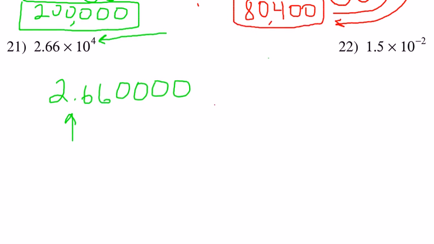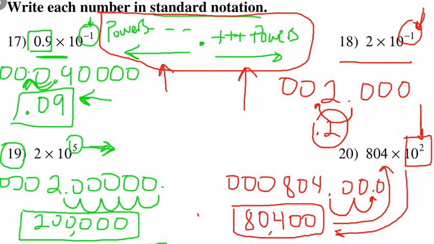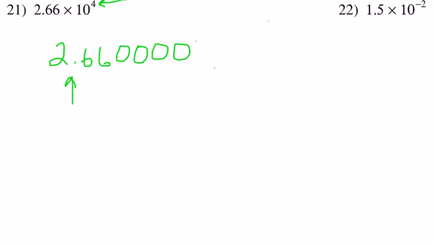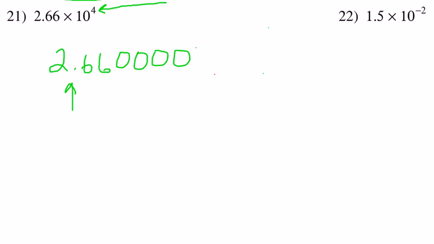Do I move them right or left? Well, look back up here. This is our little cheat sheet. We have a positive power. Okay, so positive power, we're going to move to the right. Sounds good. All right, so here we are. So we're back here, and we're going to move this to the right. How many spots to the right? We're going to move it 4. So it's right here. Then it's going to go 1, 2, 3, and 4.